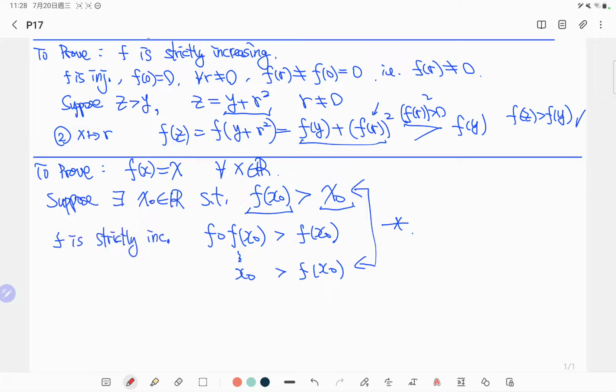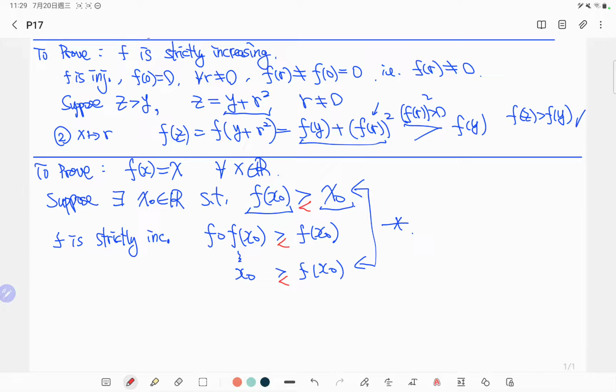And similarly, we can also suppose that there exists x sub 0 in real numbers such that f of x sub 0 is smaller than x sub 0. Okay, and as much as f is strictly increasing, when we apply f on both sides, the inequality doesn't change direction. So we also have f of f of x sub 0 is smaller than f of x sub 0. And then we will have x sub 0 is smaller than f of x sub 0, and then it will contradict with the assumption.